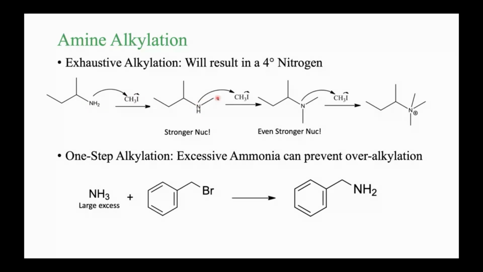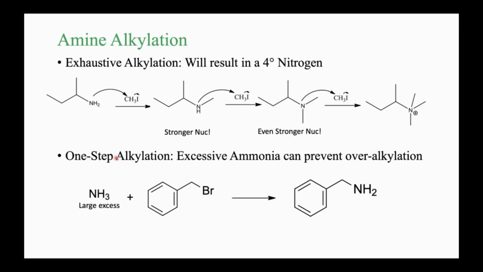However, when it does this, because of the electron donation, it's actually a stronger nucleophile, so it will attack again. And then it's an even stronger nucleophile, so it will attack again. And so this is an unavoidable process. So it will go all the way, and it's exhaustive alkylation to a quaternary nitrogen. And so usually we try not to do this method unless we want an ammonium salt for some reason.